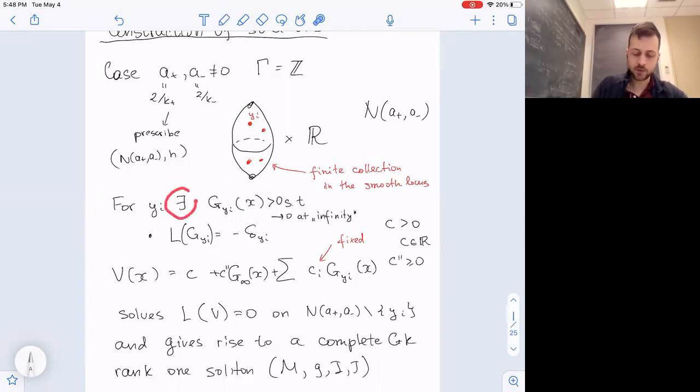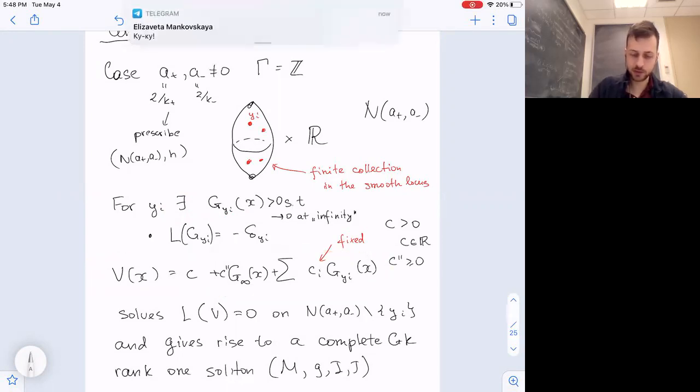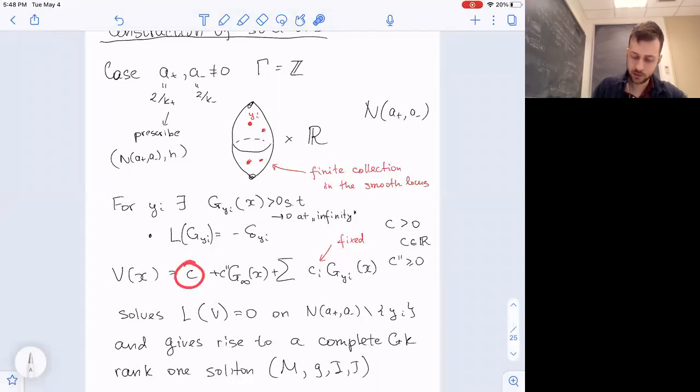So I have written here exists. Actually, they are fairly explicit. They're not super explicit, but you can manage them, these functions, these monopoles. And then you have this family. So this is a free parameter c. C star is also a free parameter, but it is also quantized.